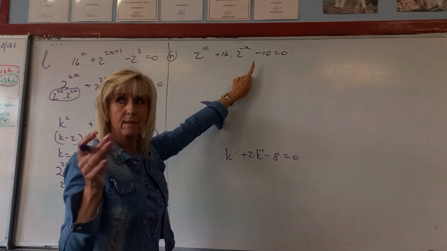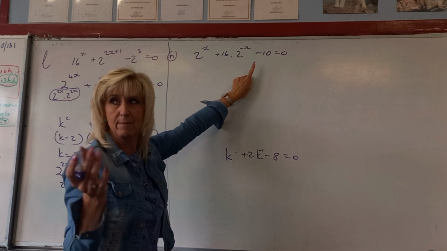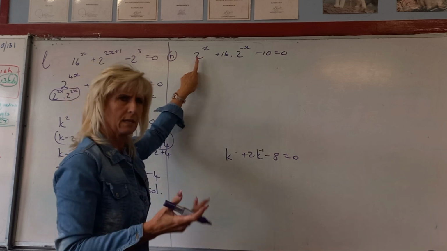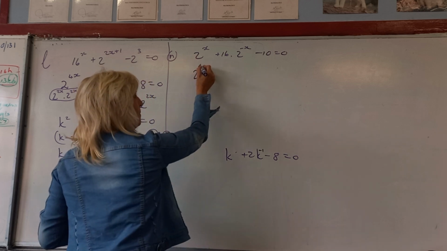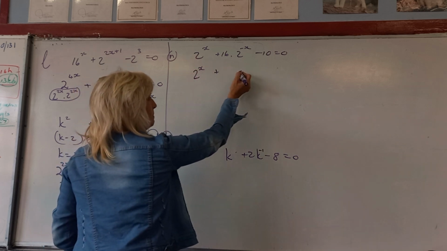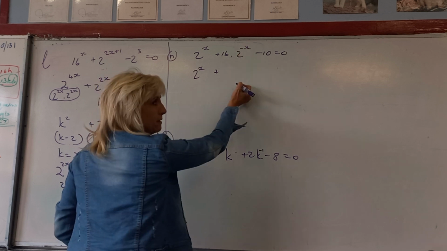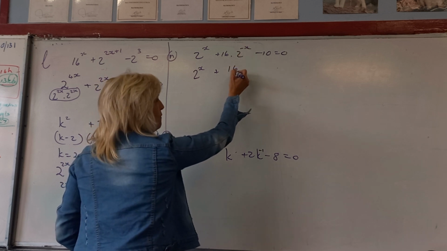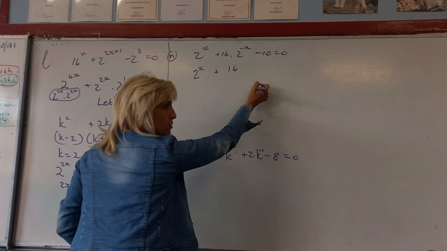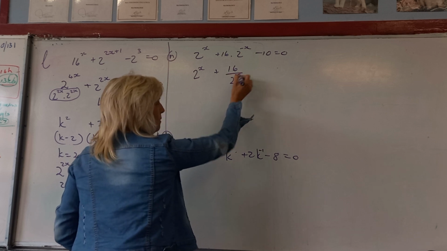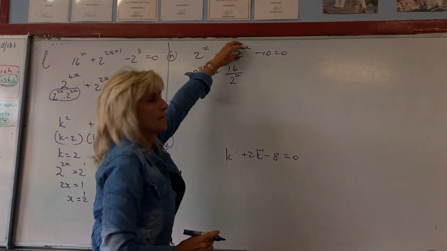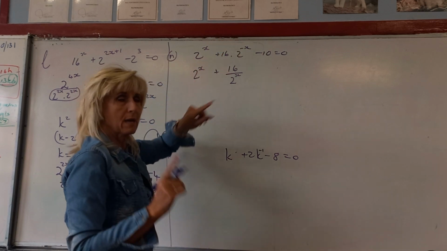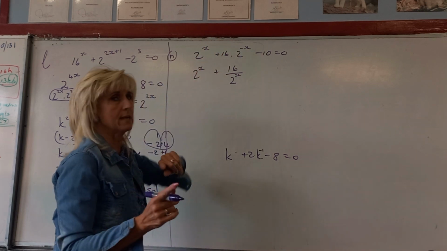But I can make them the same. Please don't make 2 to the x, 2 to the negative x. Leave it. Make that one 1 over. So that will mean 16 over 1 times 1 over 2 to the x. Or like that. Do you follow what I did there? So it's 2 to the negative x that becomes 2 to the x at the bottom. Guys, very careful. Some of you did that in tests.